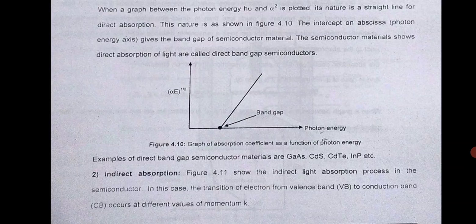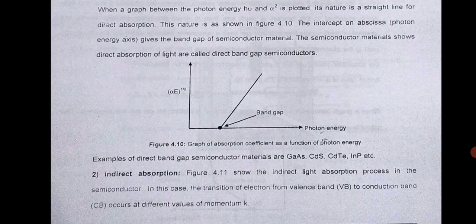The next type we want to see is the indirect band gap. In a direct band gap semiconductor, during absorption the transfer of an electron from the valence band to the conduction band conserves the momentum k, so the photon energy and band gap energy are equal and there is no variation in the momentum k.